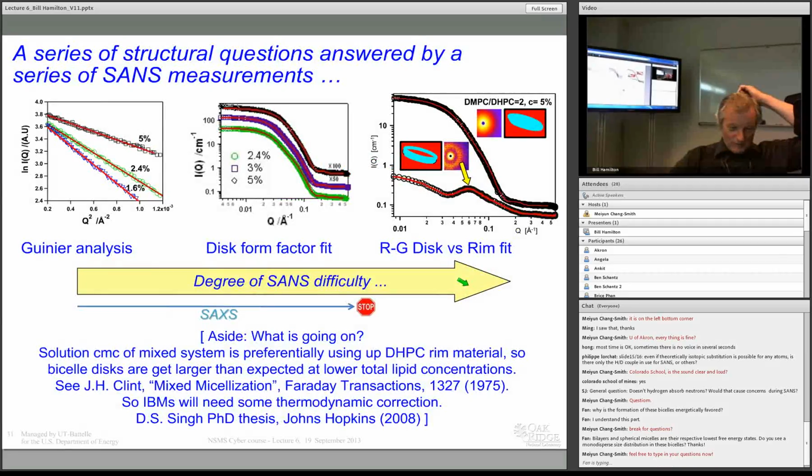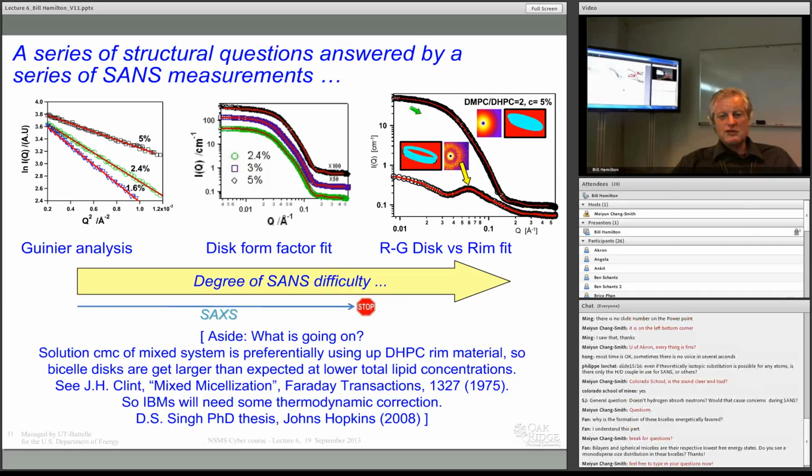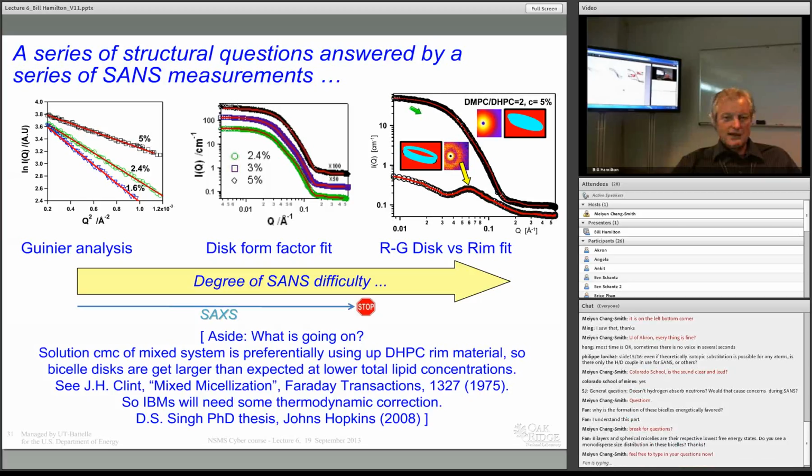So we'd asked a series of questions with small angle scattering, and we got a series of answers. We'd done Guinier, which we could have done. We'd done a disk form factor fit, which we could have. At that point, scattering would have run out on us. Because we can do hydrogen-deuterium contrast, we can basically answer this rim question.